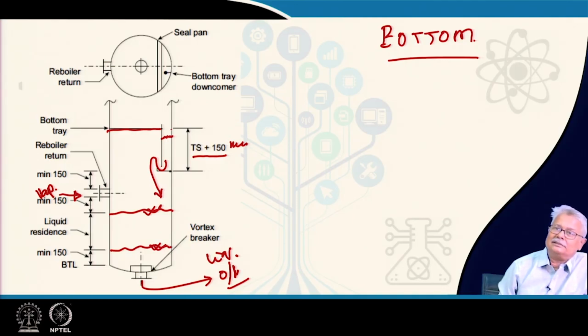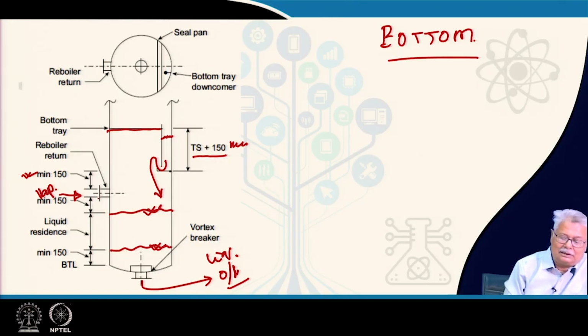The tray spacing is the common dimension that you have, and basically what you have is from this particular seal, this is basically the bottom seal, there has to be a gap between this and the vapor entry, which is 150 millimeters. You must be noting this.